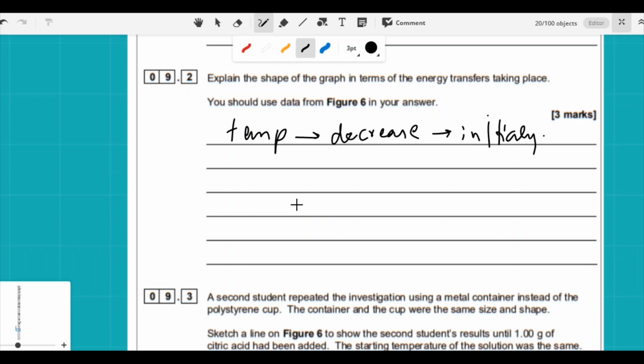And then what happened, when 1.5 gram is added, then the hydrogen carbonate has all reacted. Okay, so it means the reaction will be completed, like all the hydrogen carbonate will have reacted here. Now after 1.5 the citric acid is in excess, okay, and then the temperature again increases as the energy is transferred from the room to the solution.